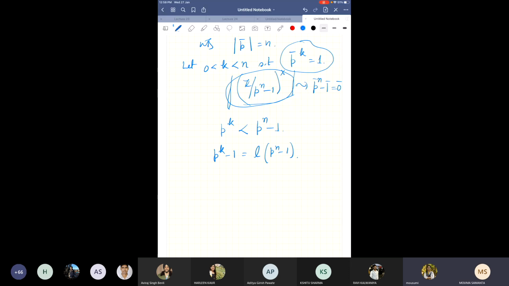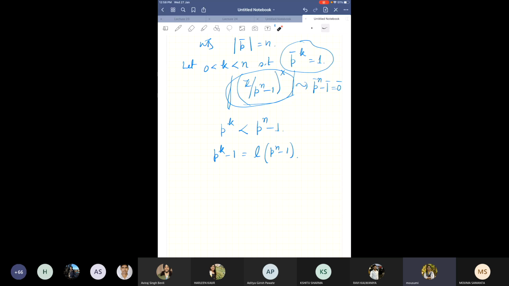Yeah, that is better in that way. That means p power n minus 1 divides p power k minus 1. So p power n minus 1 must be less than or equal to... Okay, yeah, I understood. Now it is much better in this way.